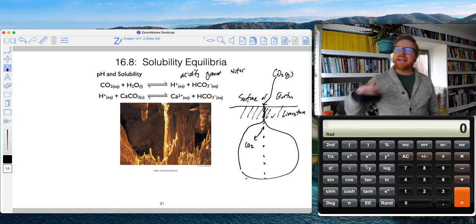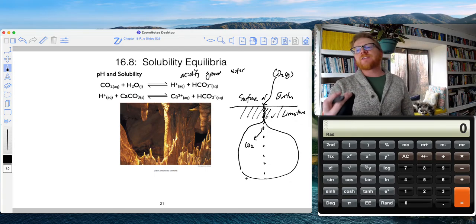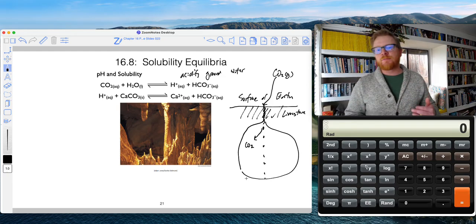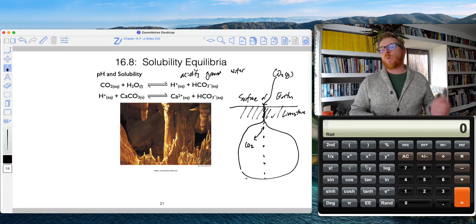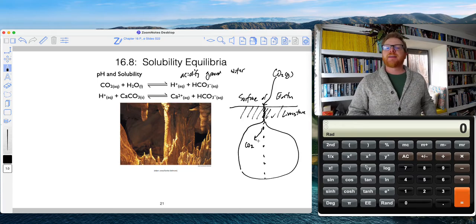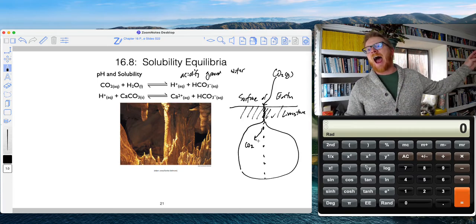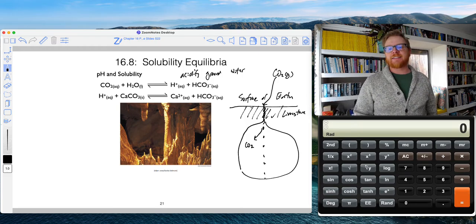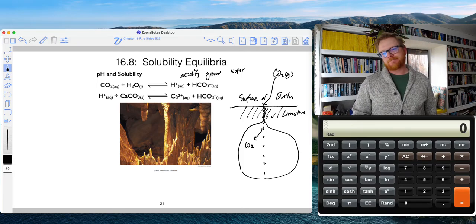So generally air can get taken up into water when it's rapid and turbulent and moving. But as that water starts to evaporate into this cavern, now that CO2 is going to outgas.